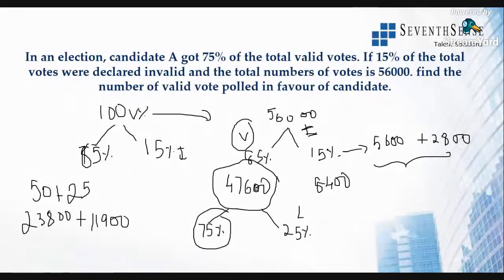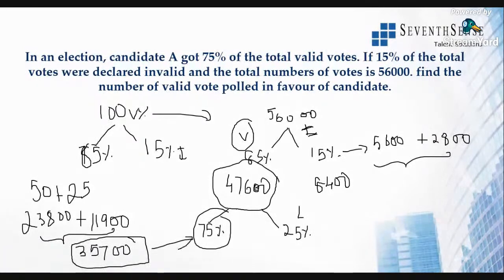If you add these, 38 plus 19 is 57, so 357, which gives 35,700. So the total number of votes polled in favor of the candidate is 35,700. Clear? All right. We'll go on to the next question.